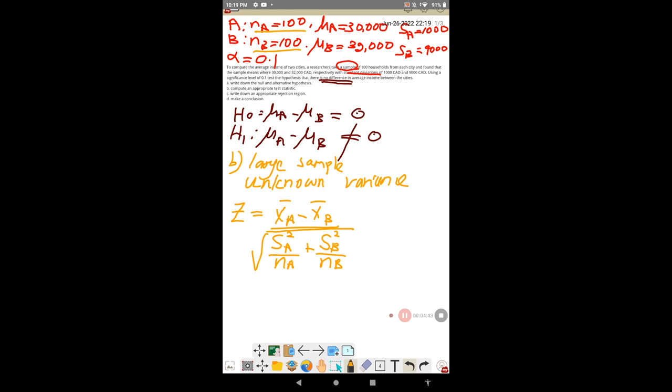Not mu A, because this is all about samples. XA bar and XB bar, right? So you know the values for XA bar, XB bar, SA and SB and NA and NB. So I got the solution, minus 2.2086.